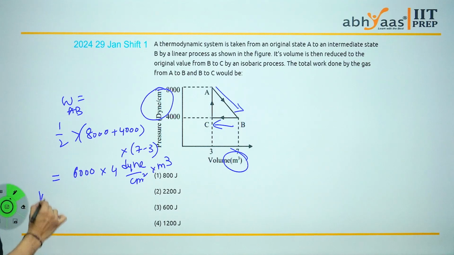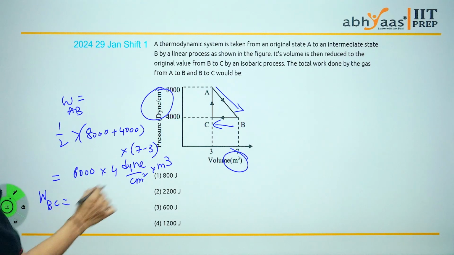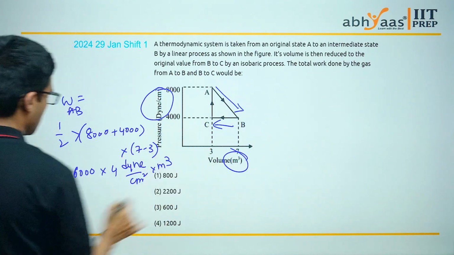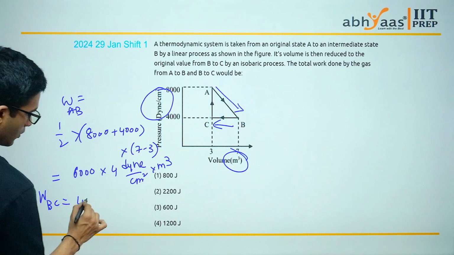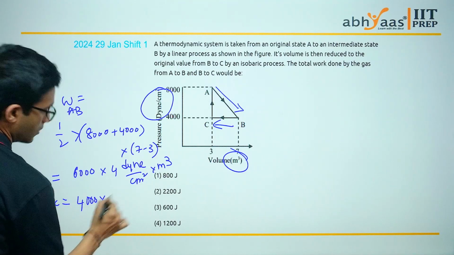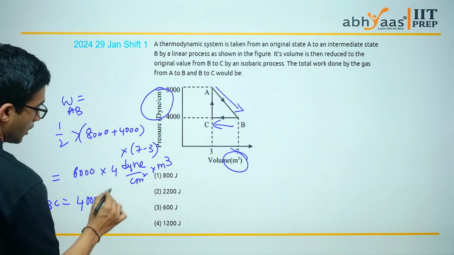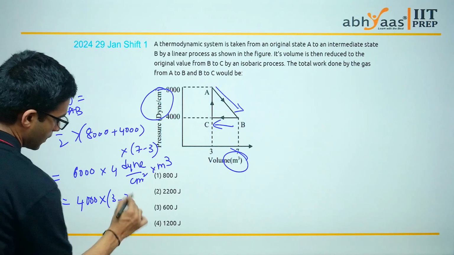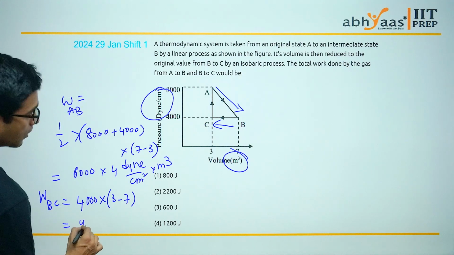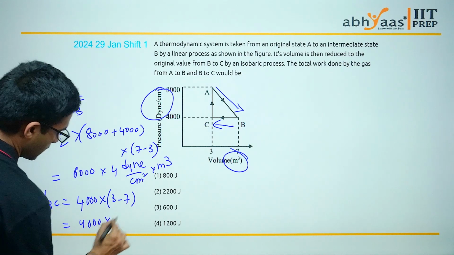Then work B to C is at constant pressure. Constant pressure is 4,000 into (3 minus 7), final minus initial, that is 4,000 into minus 4.